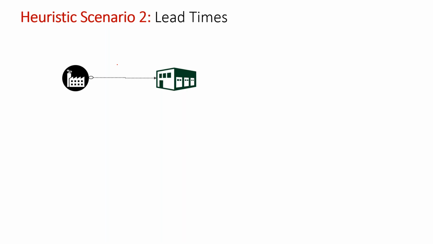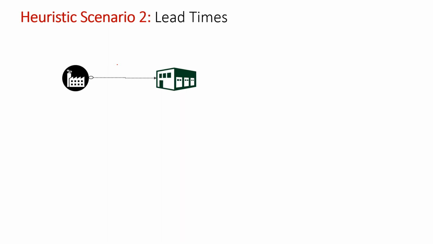For example, the plant is sending the goods to the warehouse. The planners inside the plant, when they want to see when the goods are moving from the plant, have a particular set of key figures to refer to, so they'll know that on week 1 the goods are moving. If the planners from a warehouse want to see how much stock they are receiving, they will look from their receiving location perspective, and there they will see the goods received on week 3.